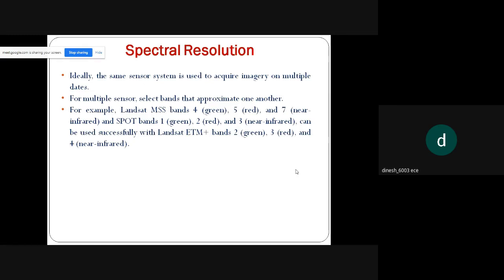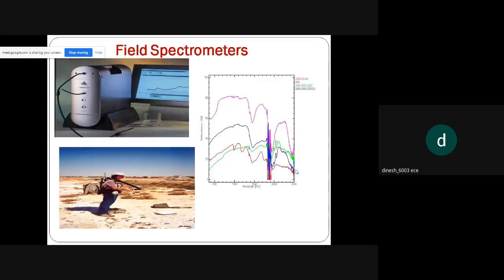And SPOT bands use green, red, near infrared, whereas the Landsat ETM uses band 2, band 3, band 4 for green, red, and near infrared regions for obtaining the spectral resolutions.